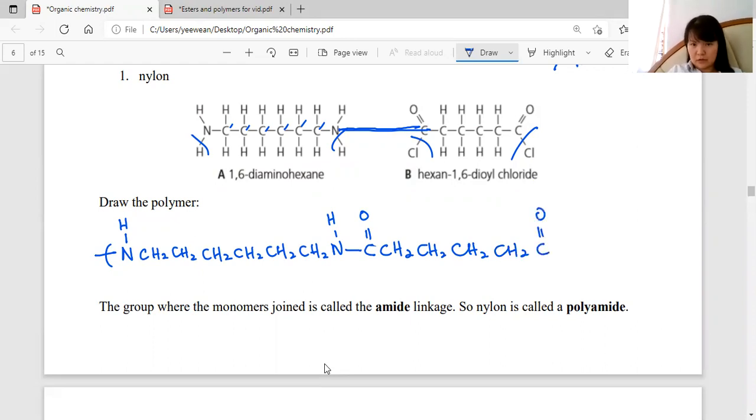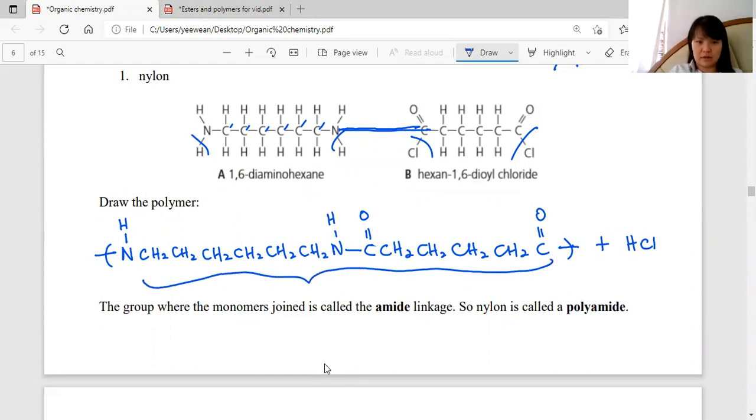CO here and bracket, because the Cl has been taken out to form HCl. So this is 1 repeat unit. There's no repetition. After this carbon, there's no N again, so nothing repeated here. So this is just 1 repeat unit.